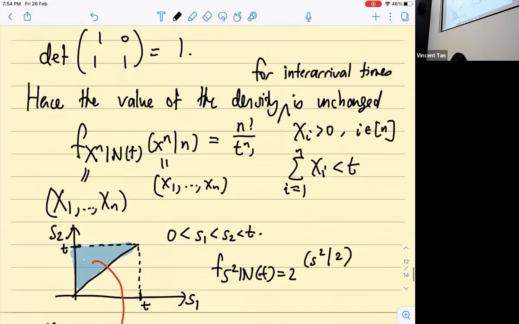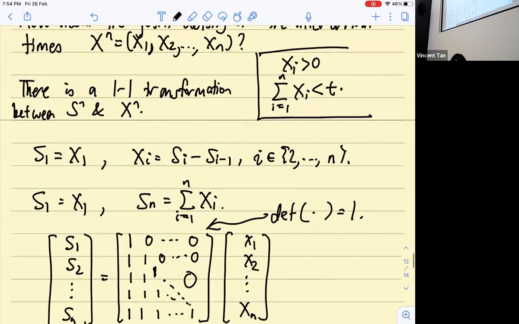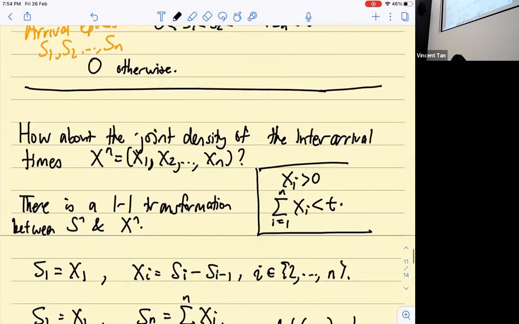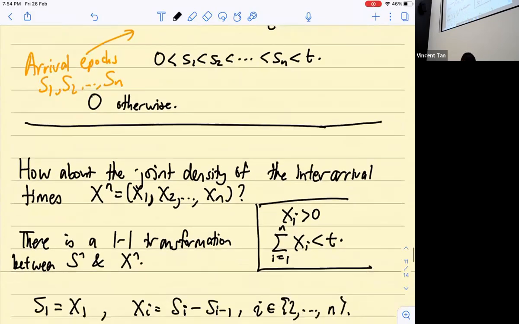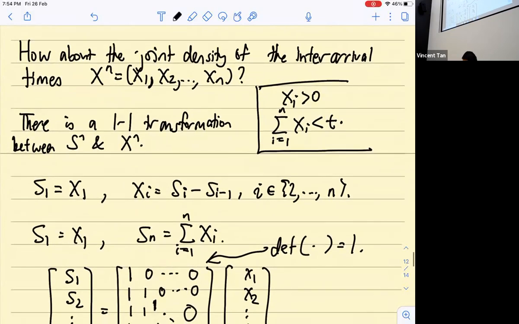So what we have done up to this point is, after the break, we recalled that the density of the S process, basically the arrival epochs, is given by the following. Now we want the density for the X process. The X process is a sequence of inter-arrival times.